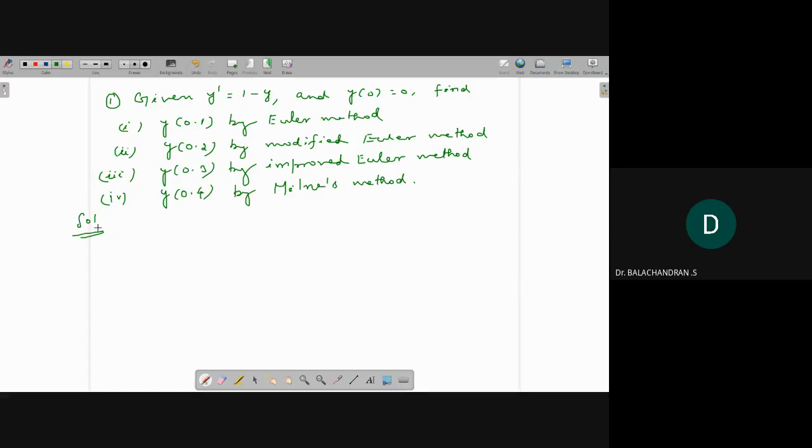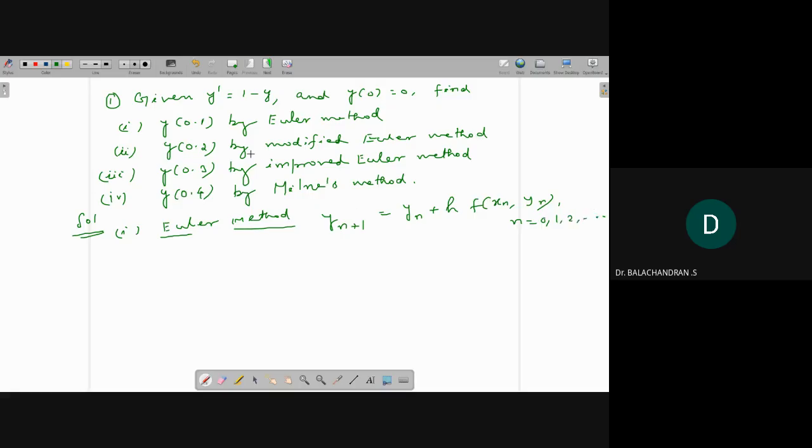So first you should know the formula for Euler method. y n plus 1 equal to y n plus h into f of x n comma y n, where n varies from 0, 1, 2, 3 and so on.